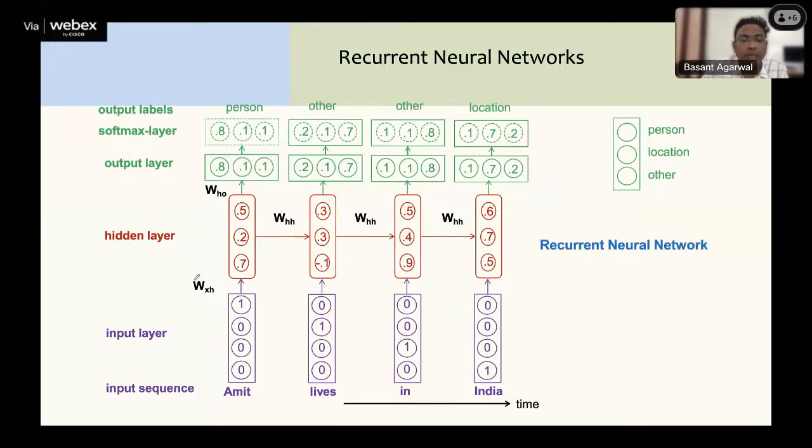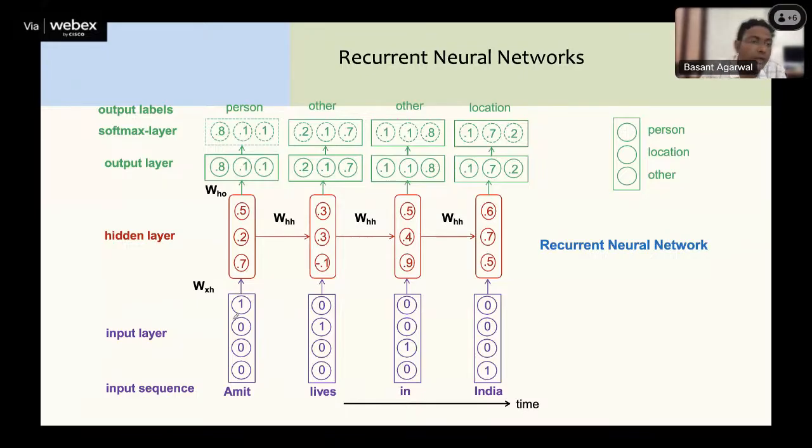Now I'm showing you another example for better understanding and visualization. Okay, so this is a sequence of words, which is basically represented with an embedding. For this example, the embedding size is 4, and we just take a one-hot encoded representation.